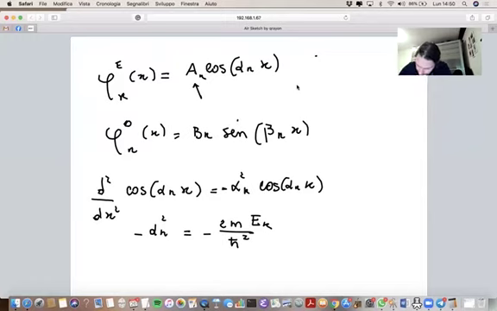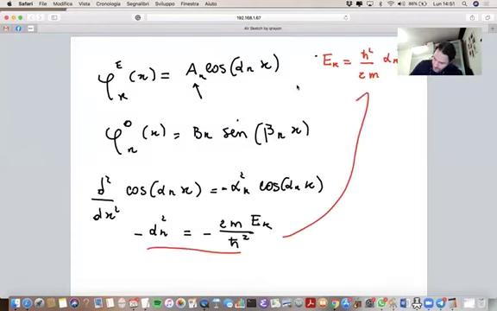So in other words, the energy associated with this eigenvalue depends on the specific value of alpha through the equation, so h bar squared alpha k squared over 2m, right? That's what this is telling me. Okay, so all I did here was apply the second derivative, multiply by the appropriate constant, and set it equal to the energy.